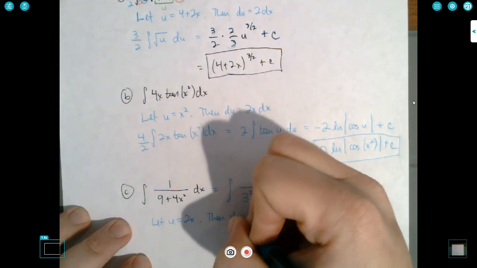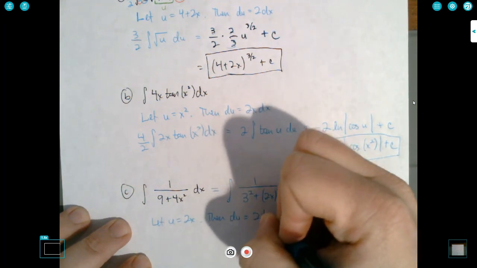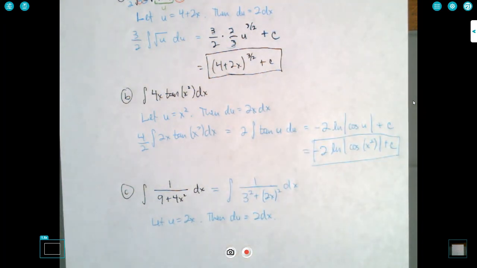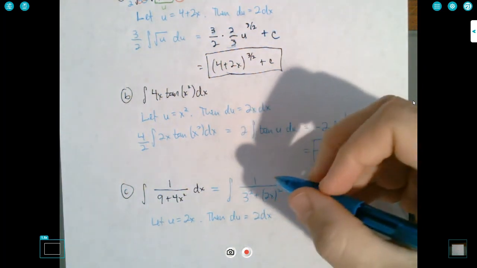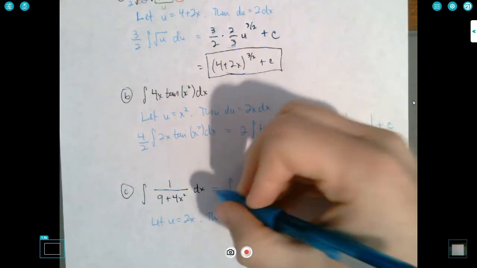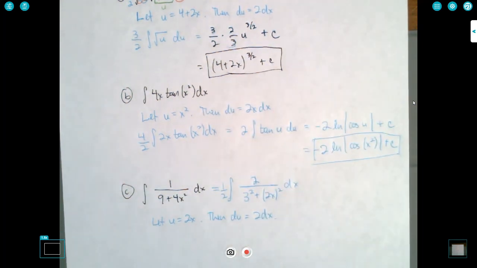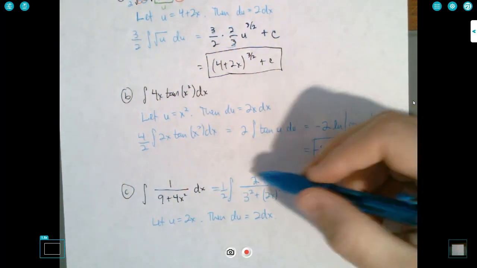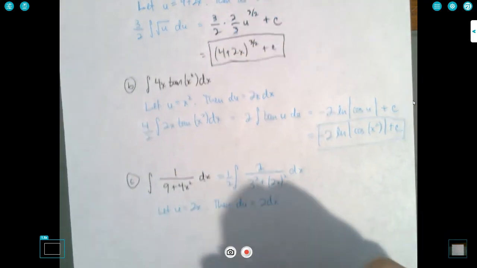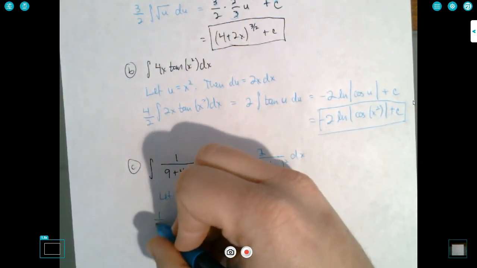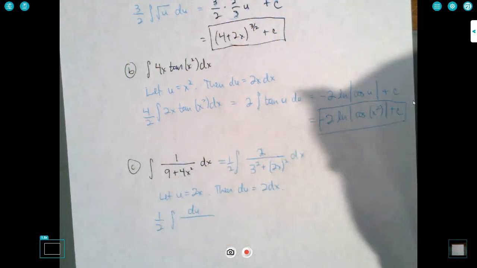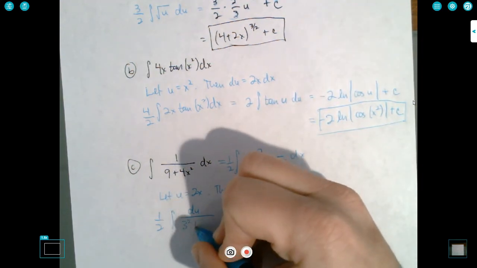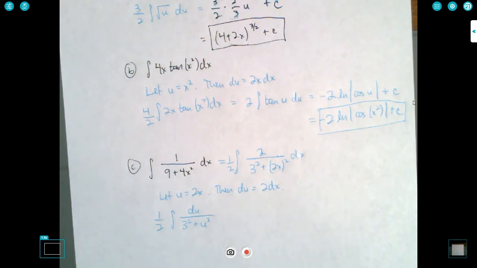And then du is going to be 2 dx. Now, I don't have a 2 dx, I have a 1 dx. But I can force it to be a 2 as long as I put a 1/2 out there, right? Then I've got du, and so this whole integral is going to become 1/2 times the integral of du over 3 squared plus u squared. And there you go.